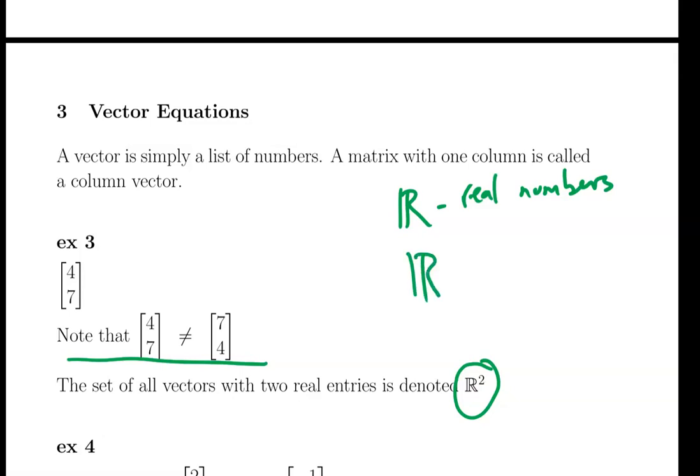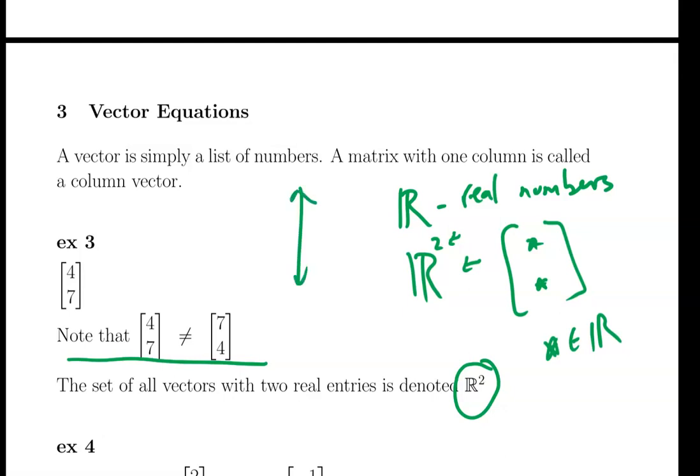So all this means is this is a vector with two entries, where each star is a real number. So you can think about it also as points in the plane. If you look at the Cartesian coordinates, really it's the real numbers crossed with the real numbers.